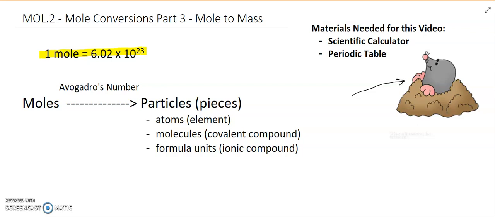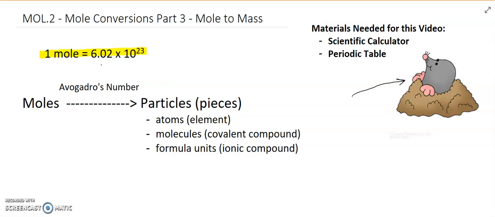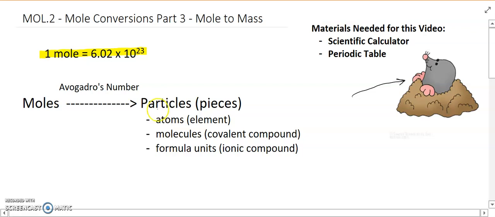In part 2 of the videos, we took a look at converting between moles and particles, or little tiny pieces, using that 6.02 times 10 to the 23rd. Remember, I can have a dozen of anything. Well, I can have a mole of anything as well, and that's why it's a generic word that we call particles.